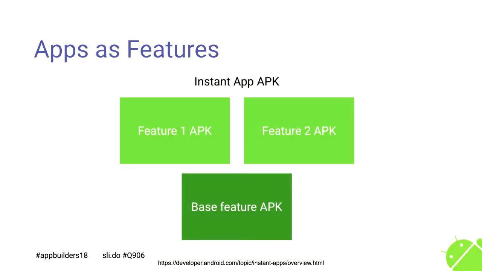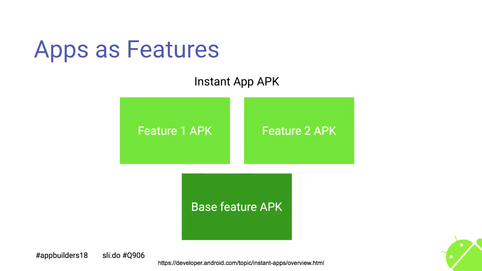So it's cool. Our users can now start to use our applications without downloading, but how can we do this? First of all, you have to change the structure of your application a little bit. At the end, each application has at least one feature, and most of them have multiple features.